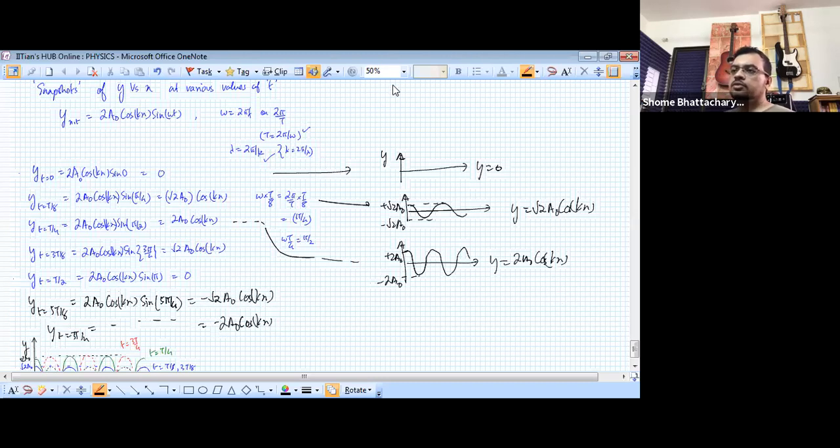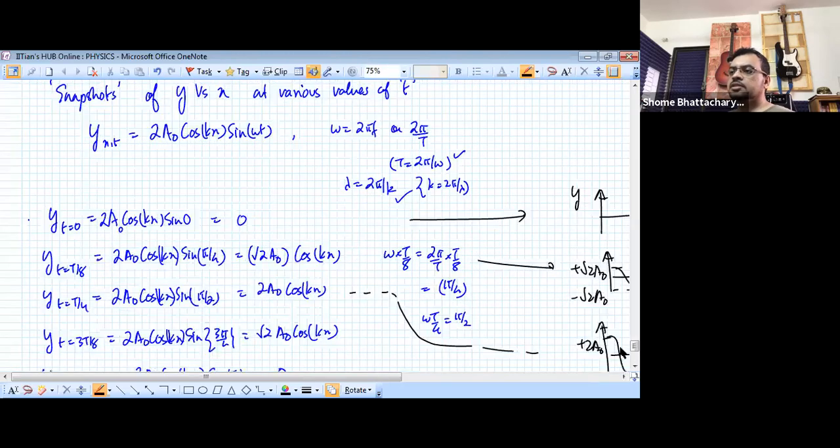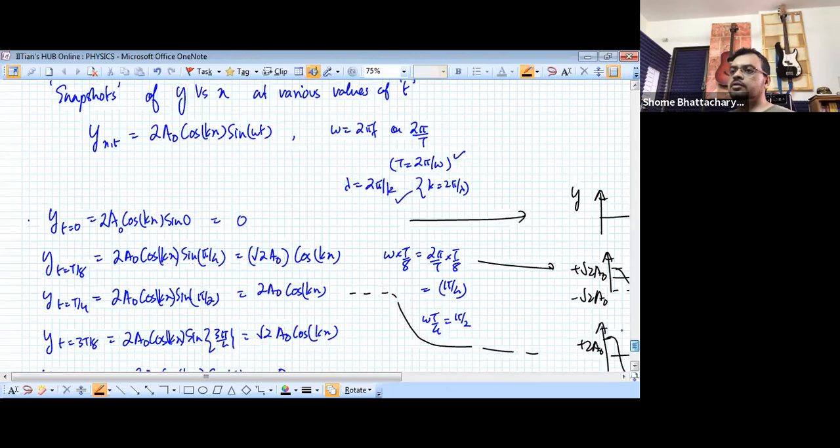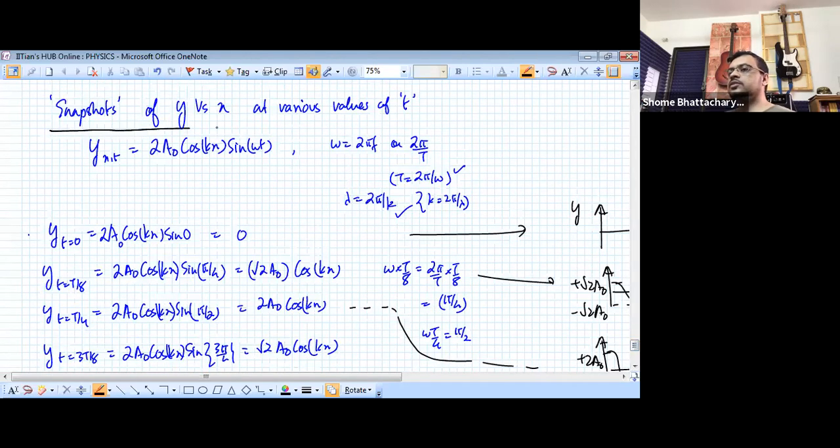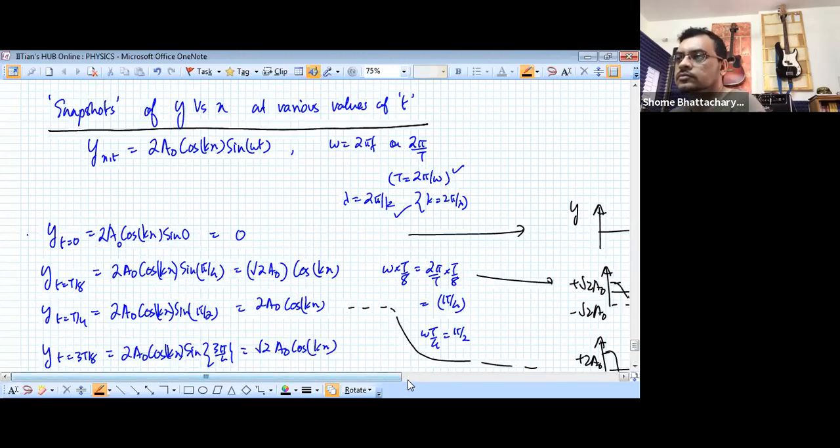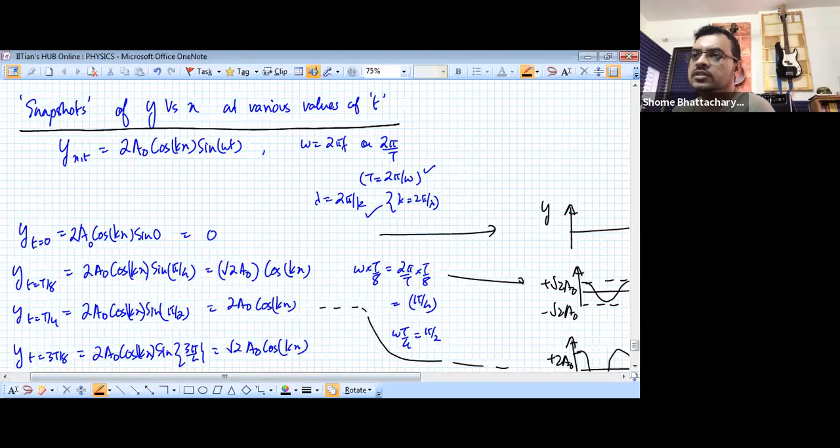So just make a note of this section first, the snapshots at various different times. And then we will come back to the graphs. So just write down these equations first by substituting the value of t as whatever is written here, 0, T by 8, T by 4, like this. Then we'll come to the graphs in detail.